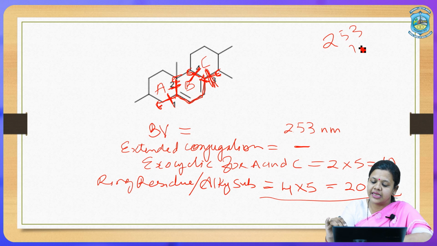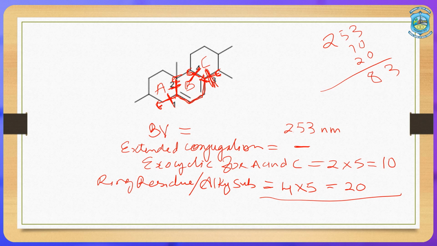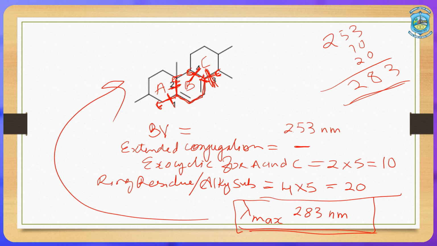Our answer comes out to be 253 plus 10 and 20, that is 283 nanometers. And what is this? This we have calculated as lambda max. It is written with the symbol lambda, which is used for wavelength, with max as subscript, the maximum wavelength for the given molecule.